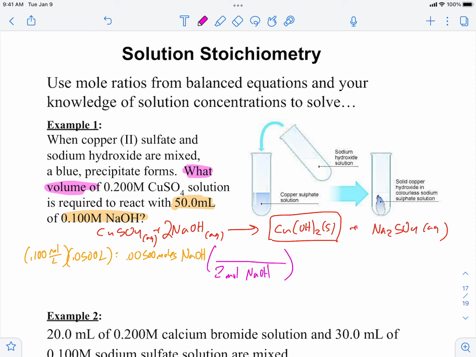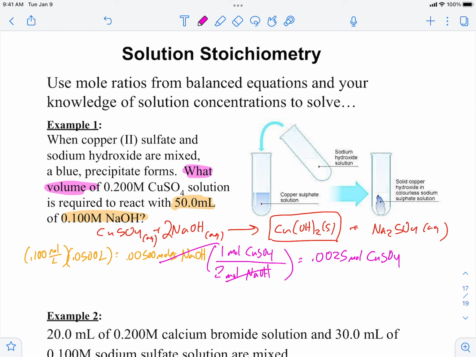And they're asking us about the copper sulfate. So the copper sulfate should go in the numerator. Okay. So now we know how many moles of copper sulfate are involved.